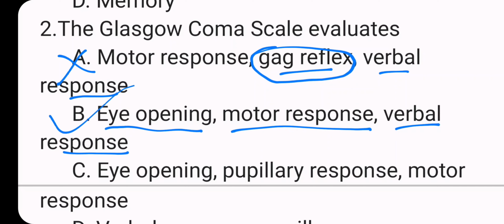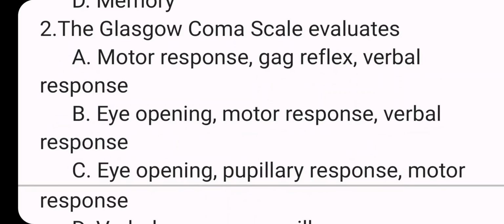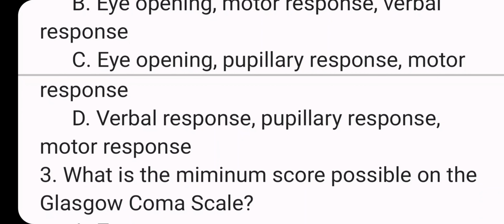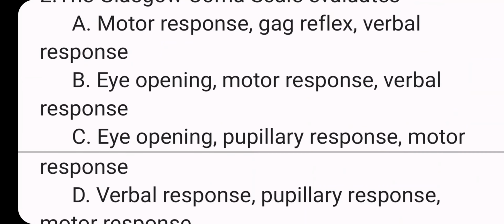So this is the right answer. Next one: eye opening, pupillary response? No, this is not the right answer. Next one: verbal response, yes; pupillary response, no; motor response, yes. So the right answer will be eye opening, motor response and verbal response.